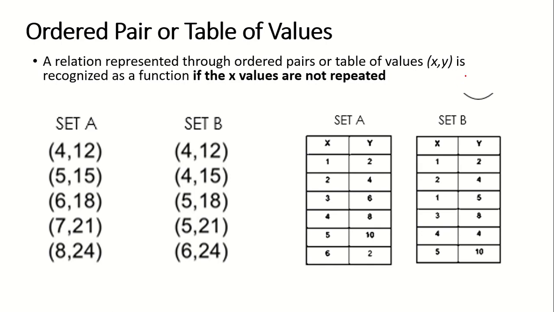So that's how to determine a function or not. You can also determine a function using ordered pairs or a table of values. A relation represented through ordered pairs or a table of values such that x and y is recognized as a function if the x values are not repeated.